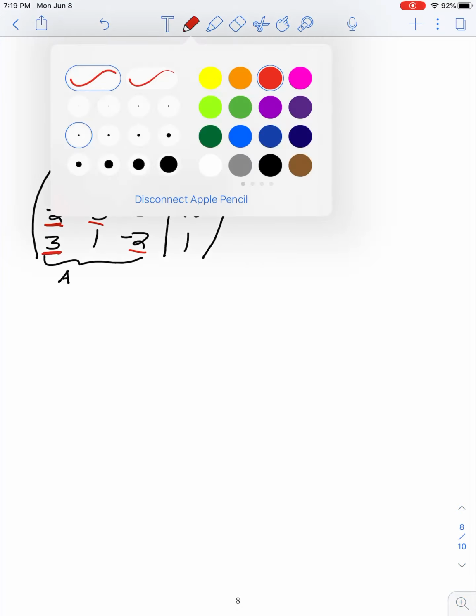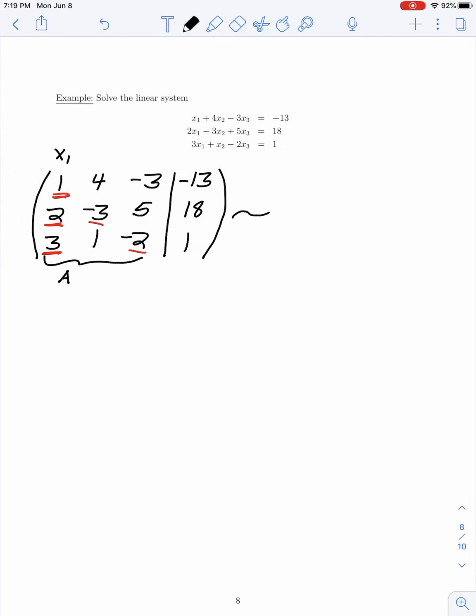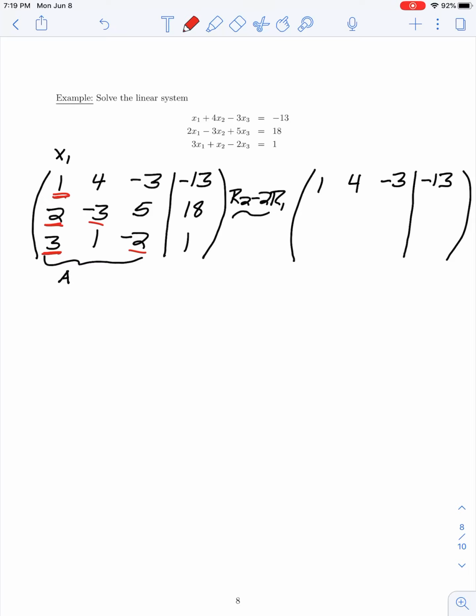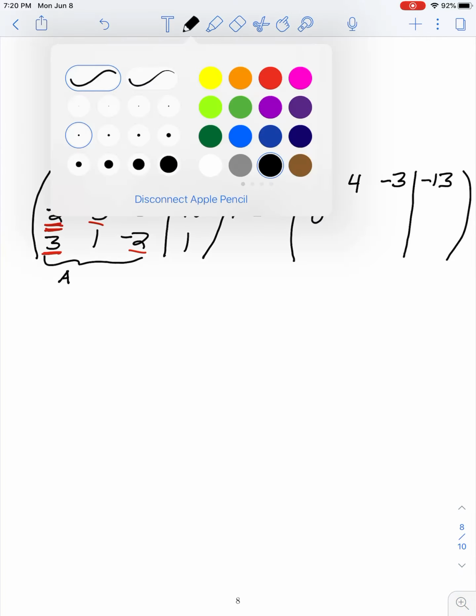To kill off the 2 in our second row, one way I could do it would be to take row 2 minus twice row 1. So I'm not changing my first row. I'm still going to have 1, 4, -3 is equal to -13. In my second row, let's see what we're left with. I'm multiplying the first row by -2, adding it to the second. So -2 plus 2 gives me a 0.